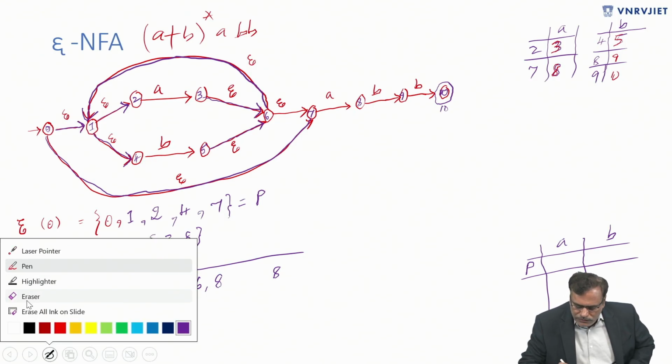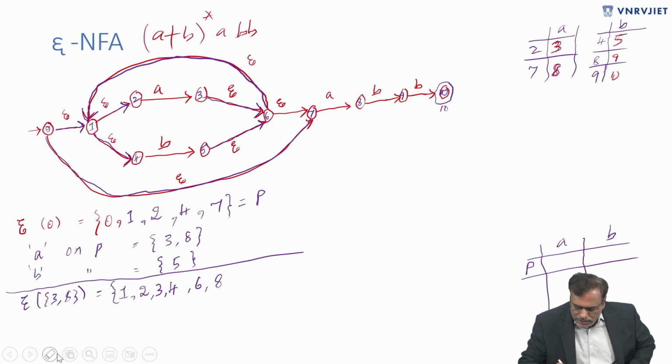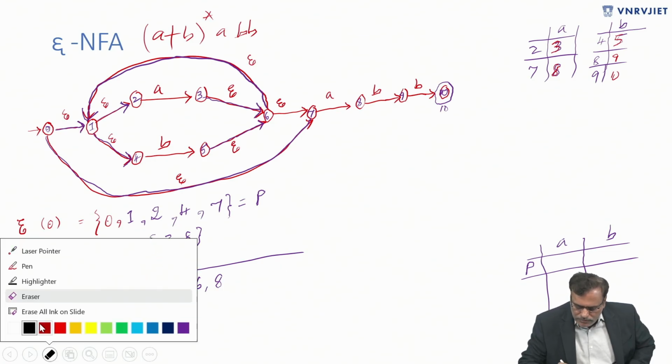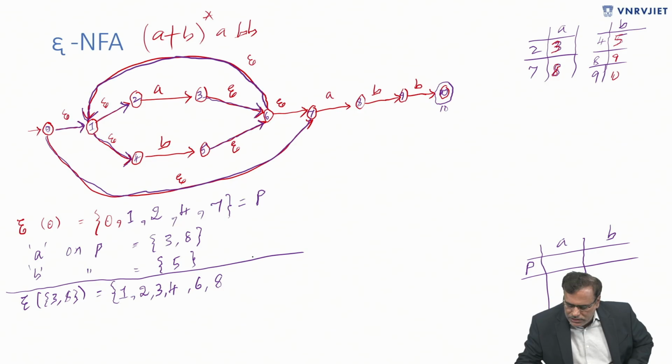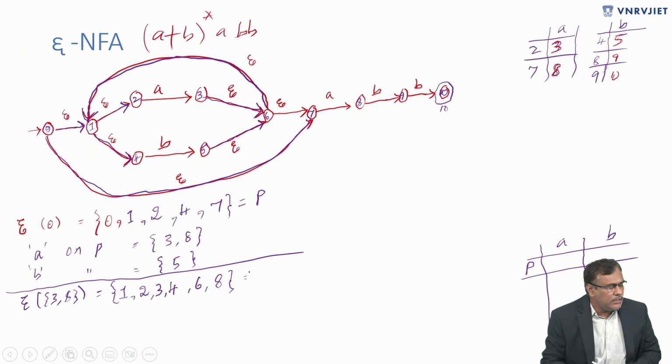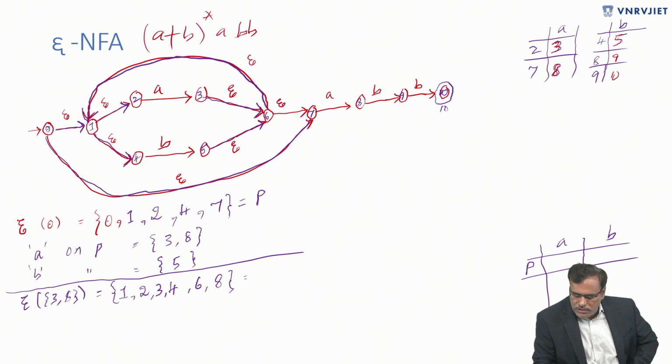So this is what? Epsilon closure of 3, 8. So what have you got here? 1, 2, 3, 4, 6, 8. You can also go to 7 from 6 on epsilon.